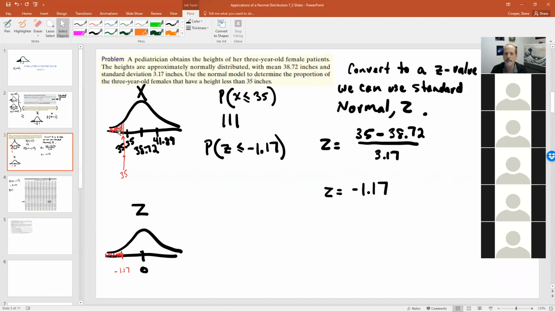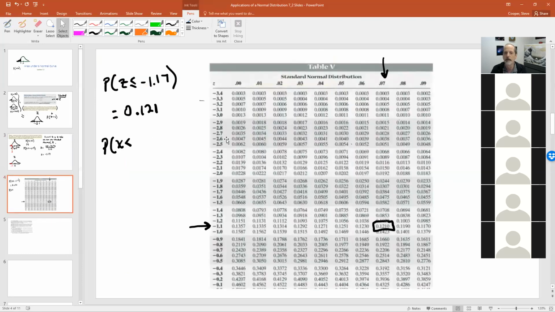So it's going to have the same area under the curve to the left of that value because those correspond. So back in terms of our underlying normal variable, less than 35 has the same area. Okay, so that's our tool there.